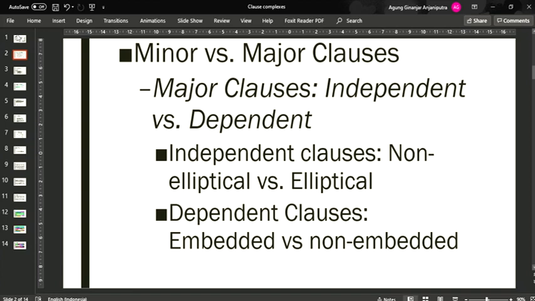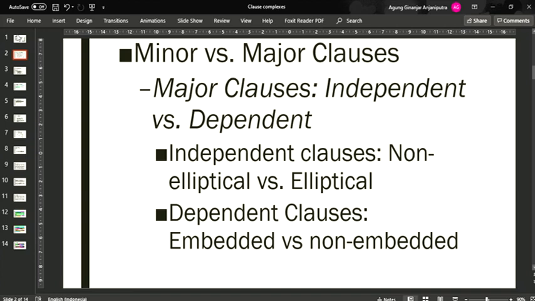In linguistics, we are introduced to ellipsis or elliptical sentences. If non-elliptical, the clause is complete. If it is elliptical, then there's something omitted from that clause.